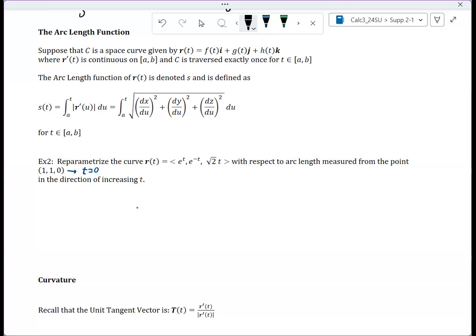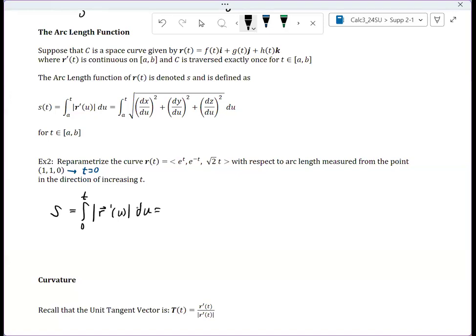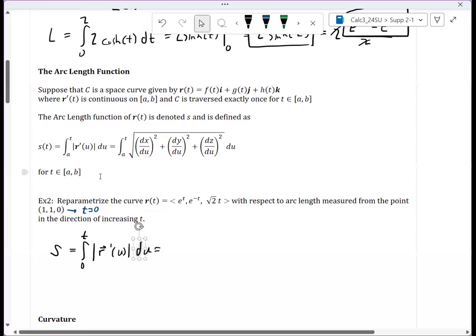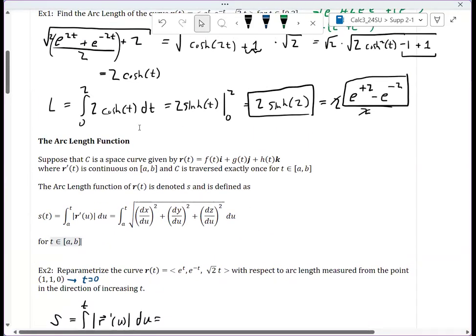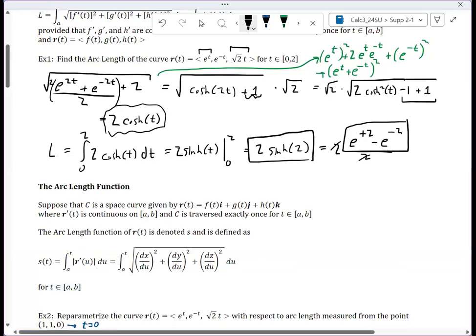Okay, so we have our arc length function. S is going to be the integral from 0 to t of the length of r prime of u du. We know that the length of r prime of u is just from up here. This is the same space curve that we dealt with in example 1.